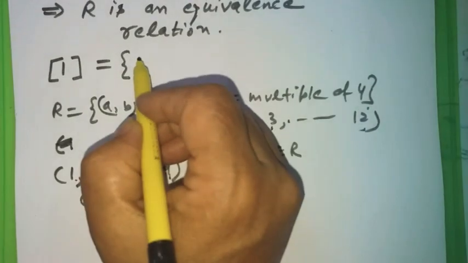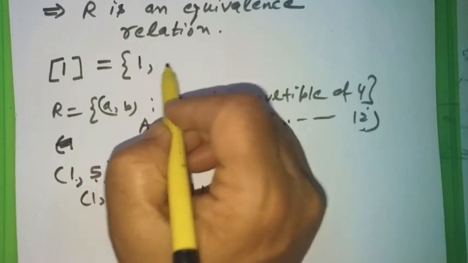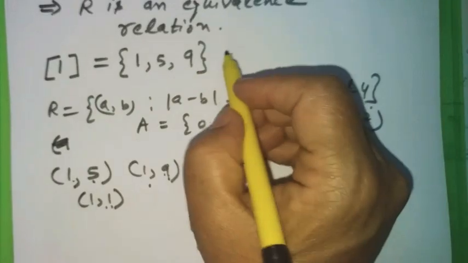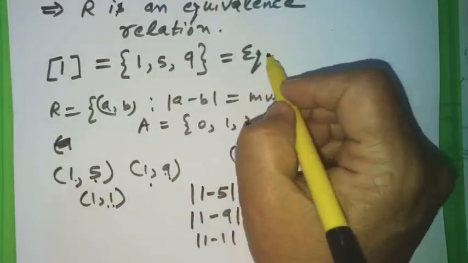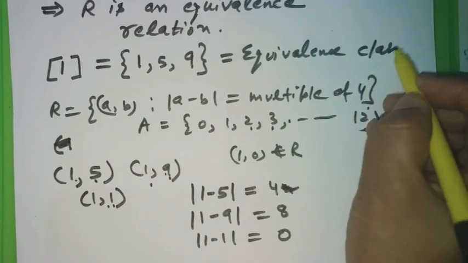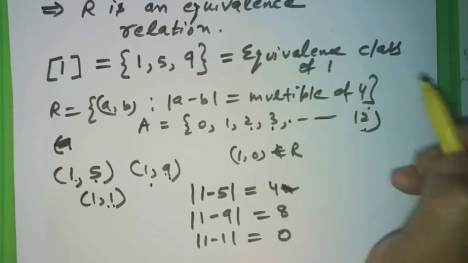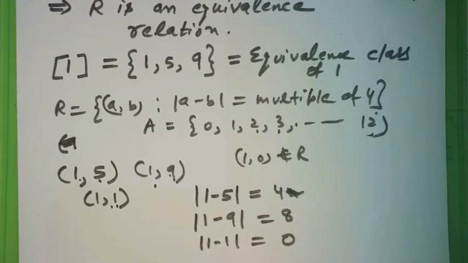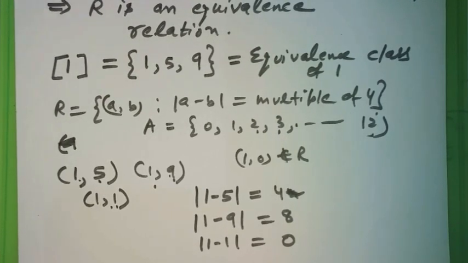So set of elements which are related with 1 are 1, 5 and 9. So the equivalence class of 1 is this. This is equivalence class of 1. So I think you are clear now how to write the equivalence class of any element.